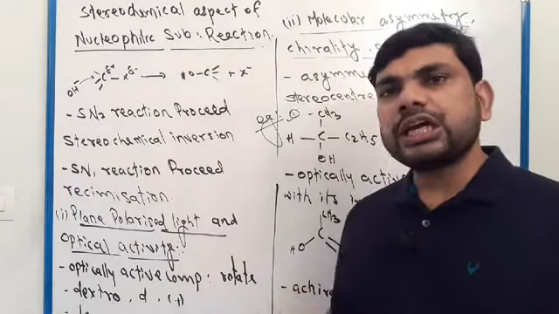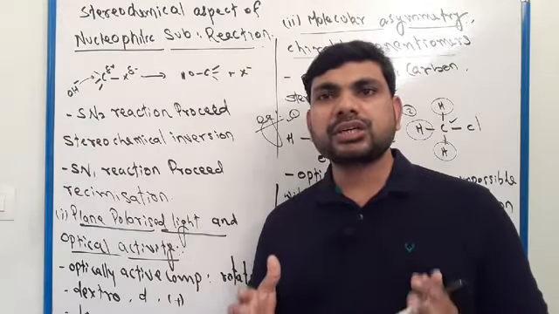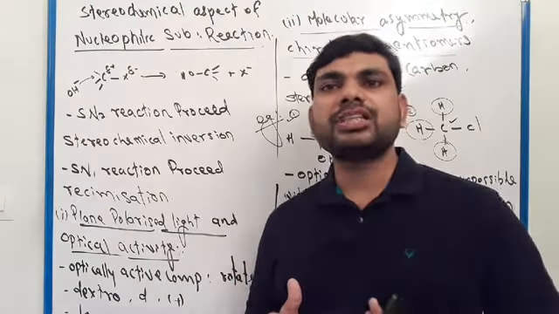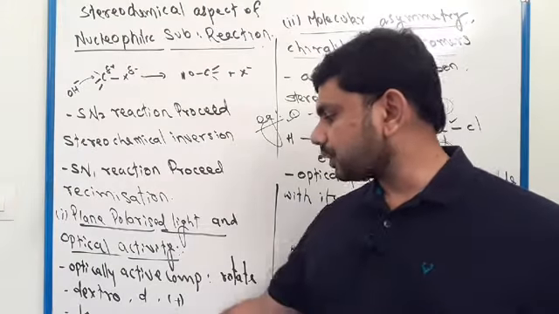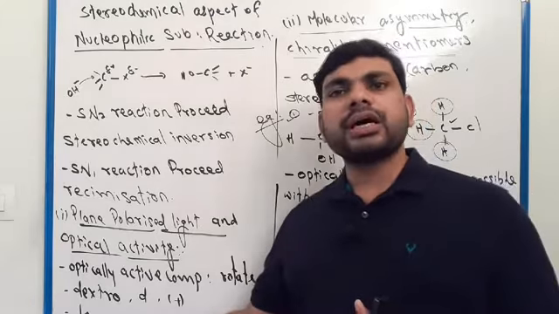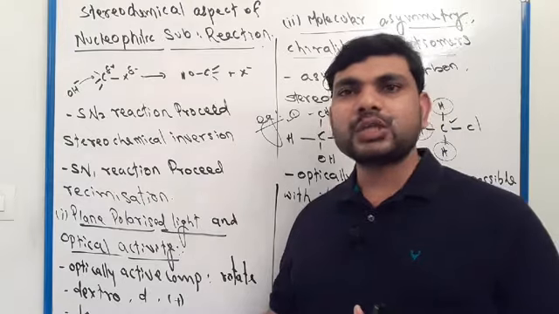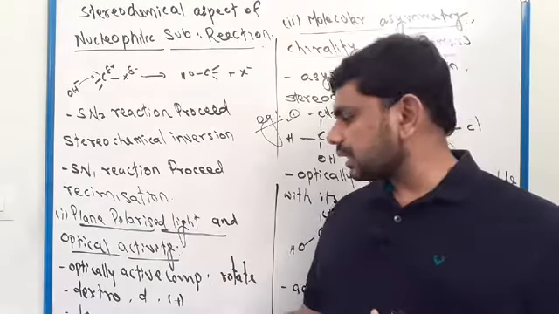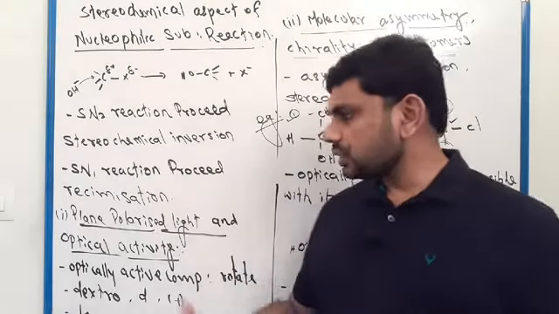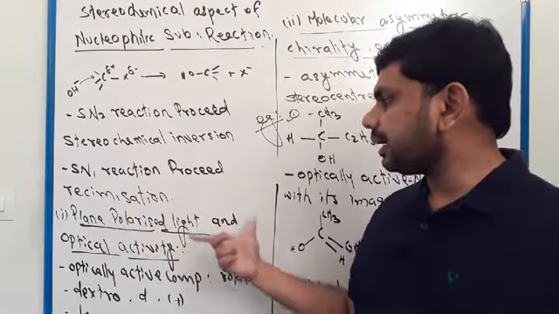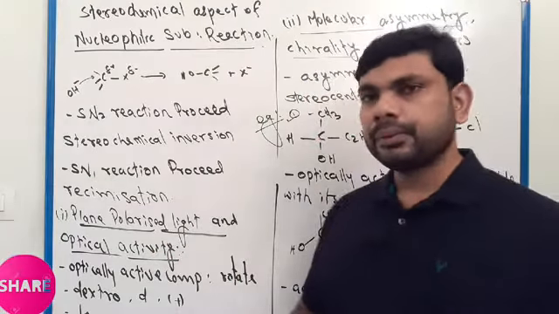If the compound rotates plane polarized light in the anti-clockwise direction, such compounds are called levorotatory isomer, or L isomer, or negative isomer, minus isomer. So this is plane polarized light and optical activity.